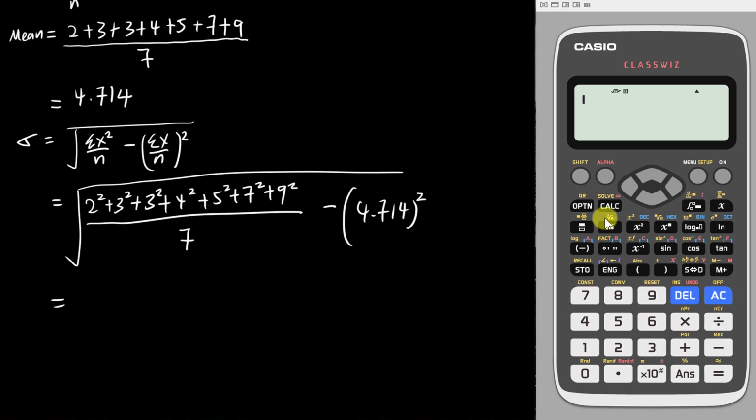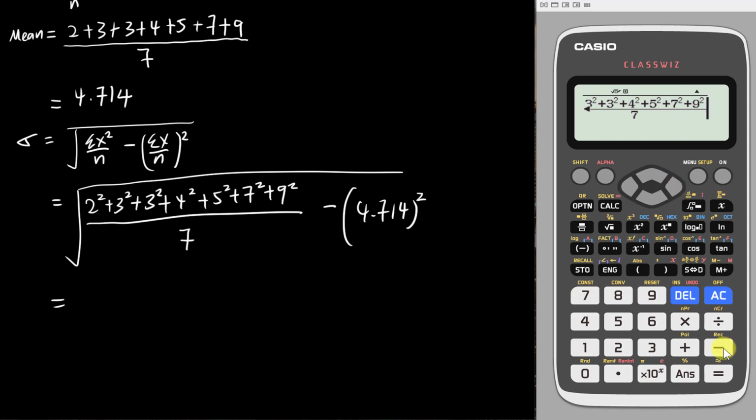You can just type everything into the calculator quickly, but if you want a fraction inside here, you must be careful. Type the fraction first, it's easier. So you just type 2 square plus 3 square plus 3 square plus 4 square plus 5 square plus 7 square plus 9 square, divided by 7.